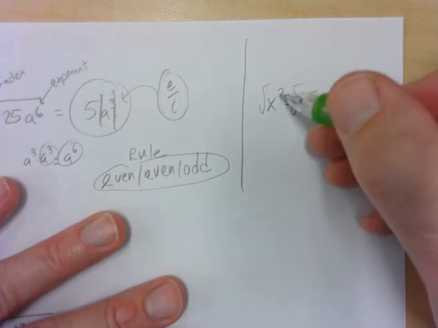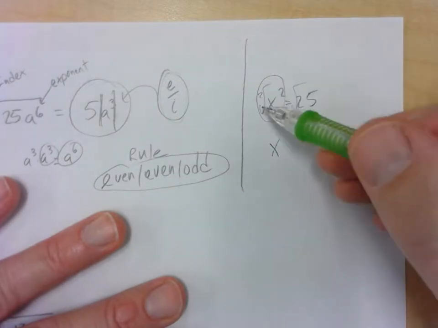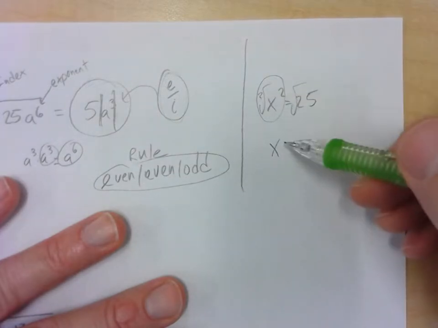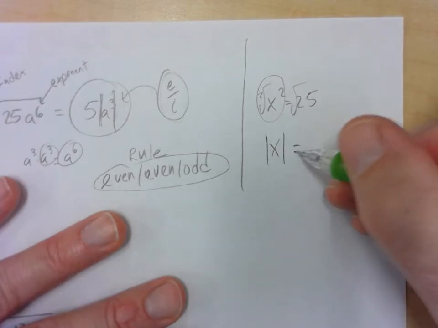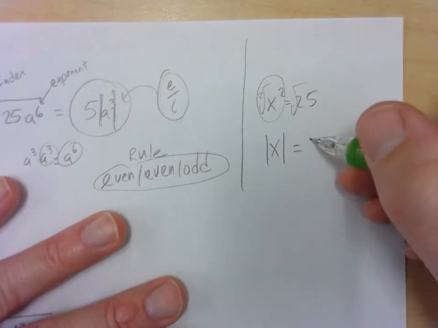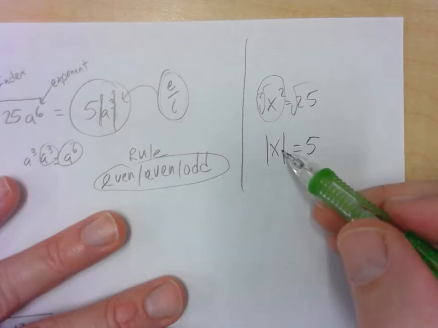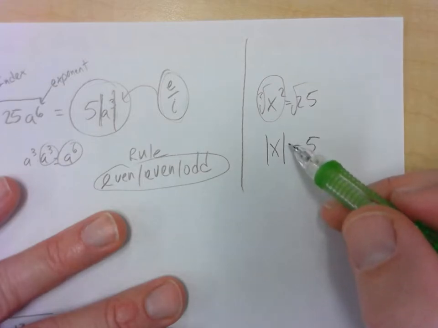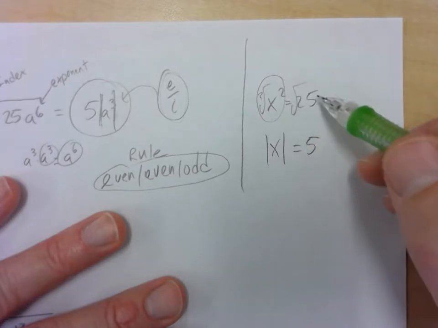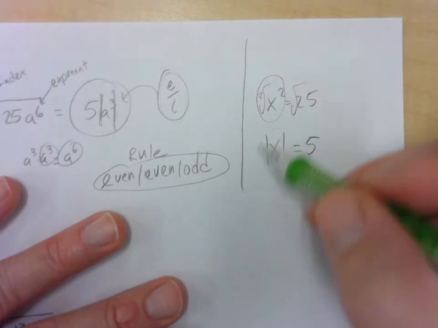Well, what's really going on here is this is an even, odd situation because it's an even, and then x is the answer. Well, that really needs absolute value. And the square root of 25 is just 5. But then the absolute value here requires 2 answers. So the plus minus is not coming so much from here, it's coming from this absolute value idea.